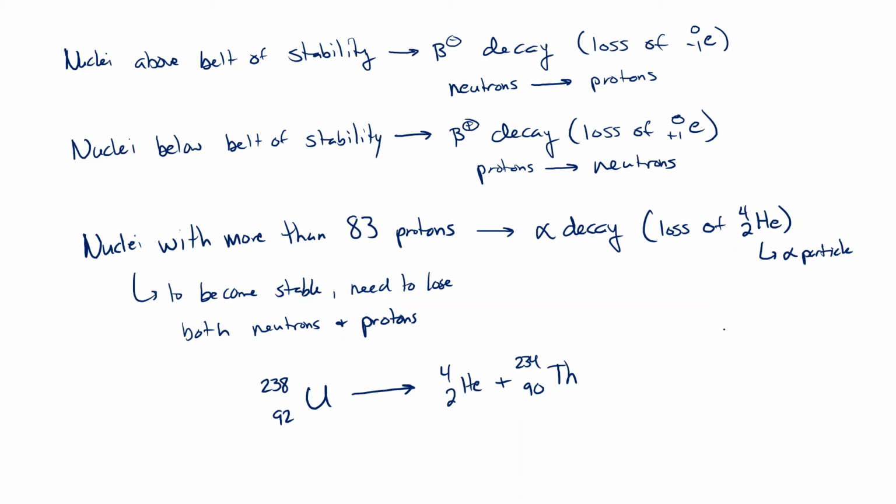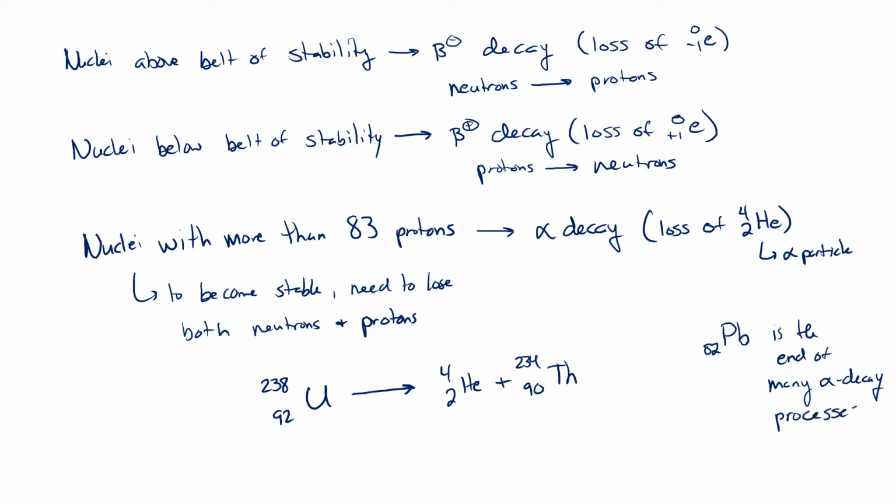And this is one of the reasons that lead, which has an atomic number of 82, is so common, right? Lead is the end of many alpha decay processes.